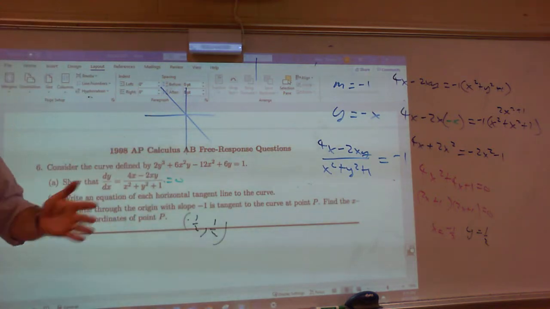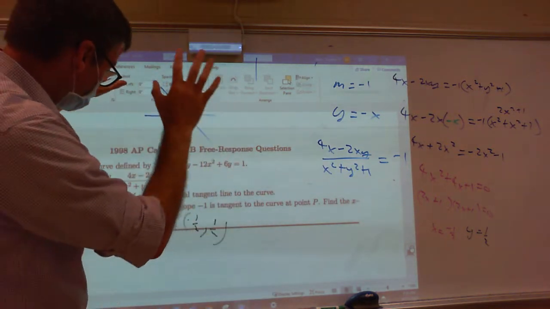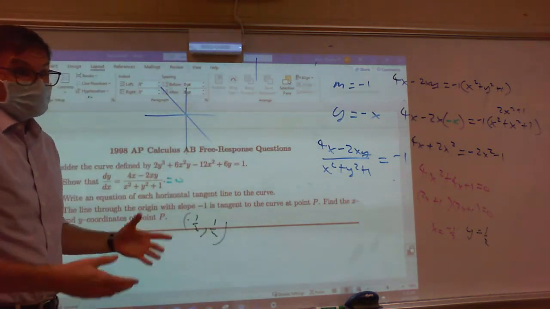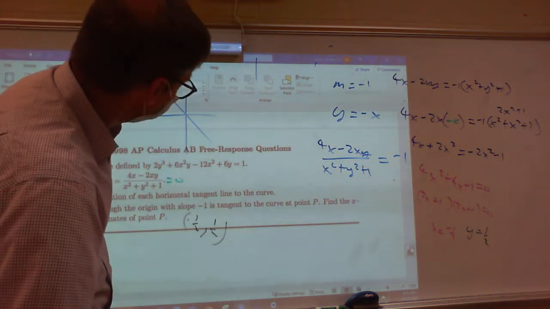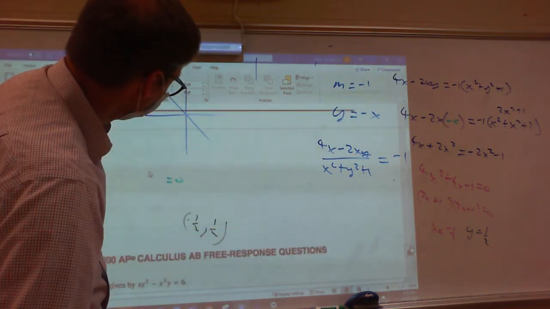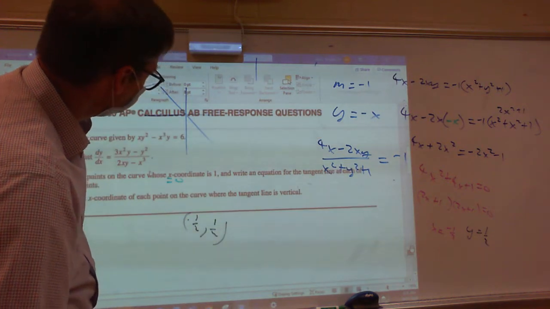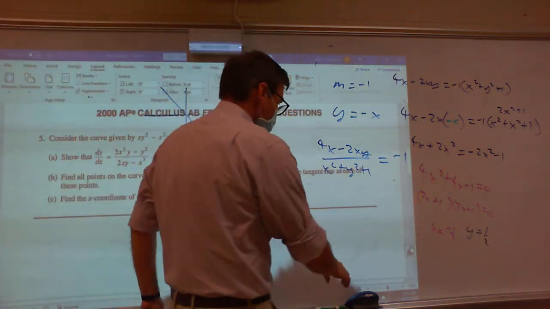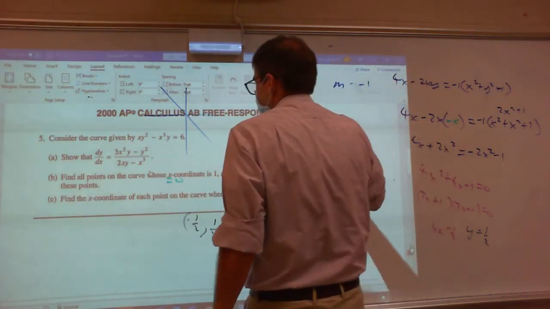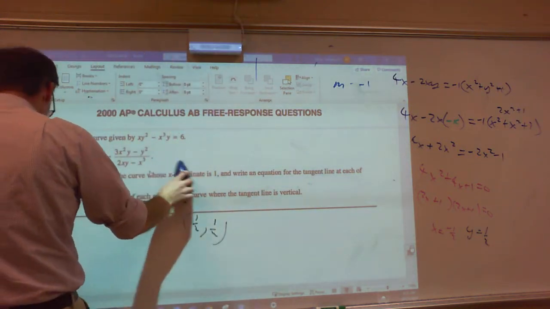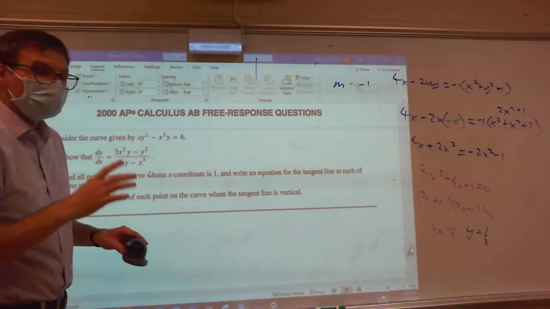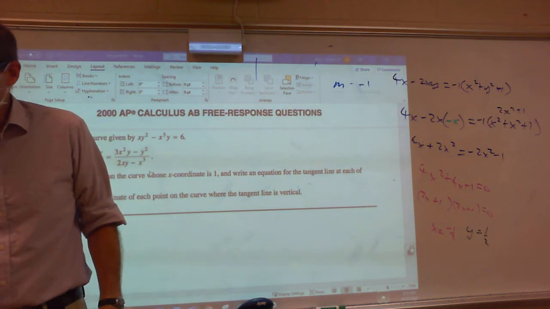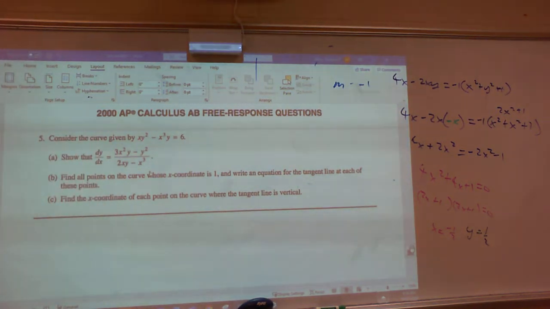So there's our first free response question. That's strictly implicit differentiation. Now let's look at 2000. Let's see what changed from 98 to 2000. I realize the bell's about to ring. Your homework I gave, if you look on the back, that's your homework.